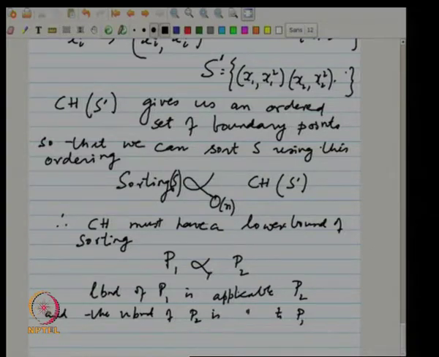Of course, this must also happen in some efficient time. I am not mentioning this, but hopefully you are familiar with reducibility in time f of n. So, this f of n cannot be too large. If this was not order n reducible, but let us say order n log n reducible, it would not mean a thing.